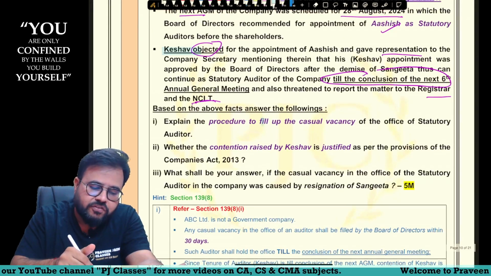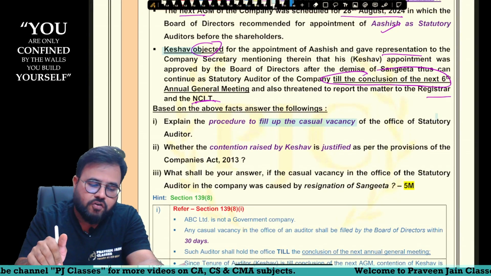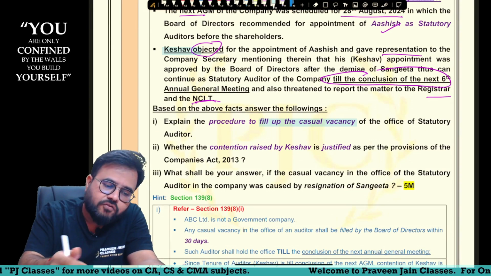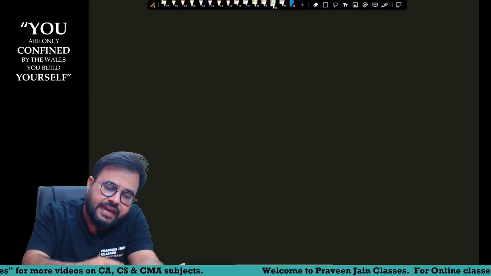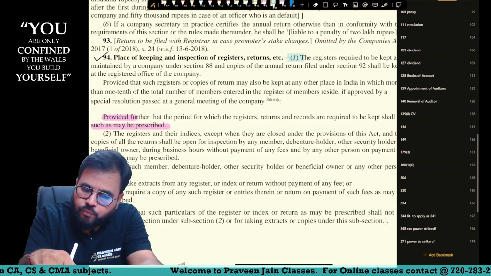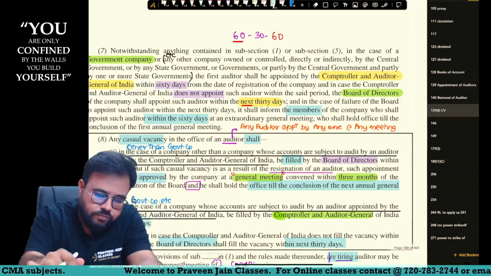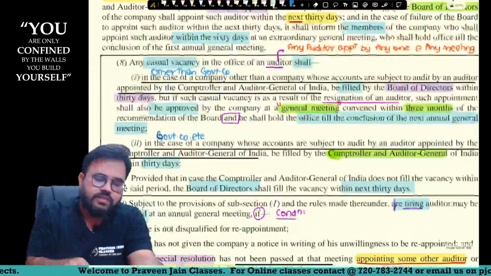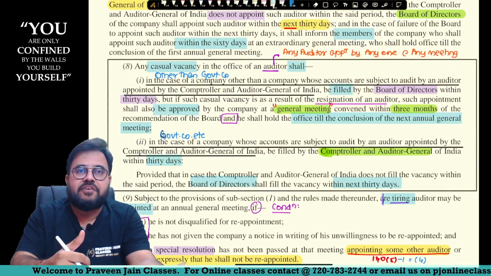So explain the procedure to fill up the casual vacancy of the office of statutory auditor, sir. So can I say 139 subsection 8 is what we are talking about, sir. Let us open casual vacancy, sir. So you can see 139 subsection 8. I am referring to the bare act, sir.